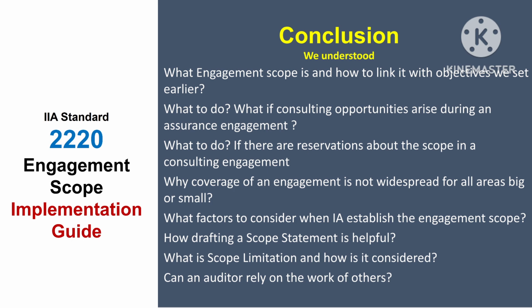Why coverage of an engagement is not widespread for all areas, big or small. What factors to consider when internal auditors establish the engagement scope. How drafting a scope statement is helpful. What a scope limitation is and how it is considered.